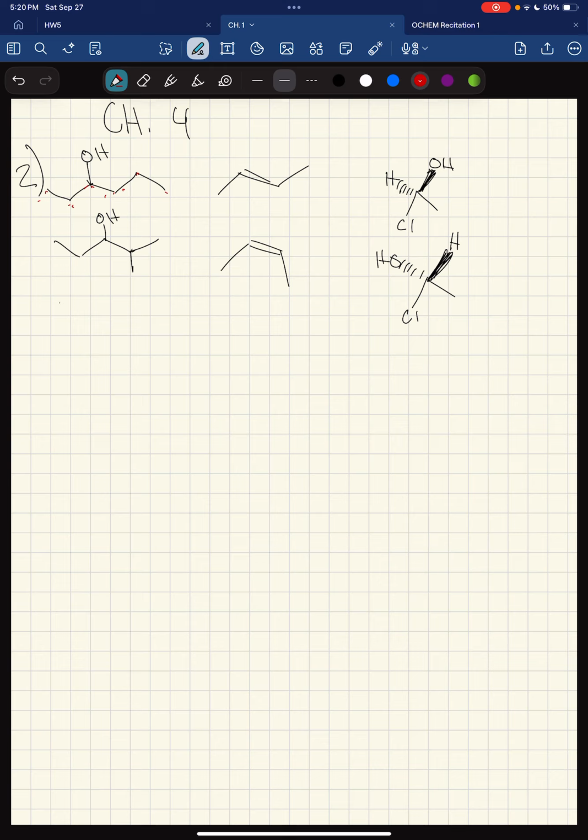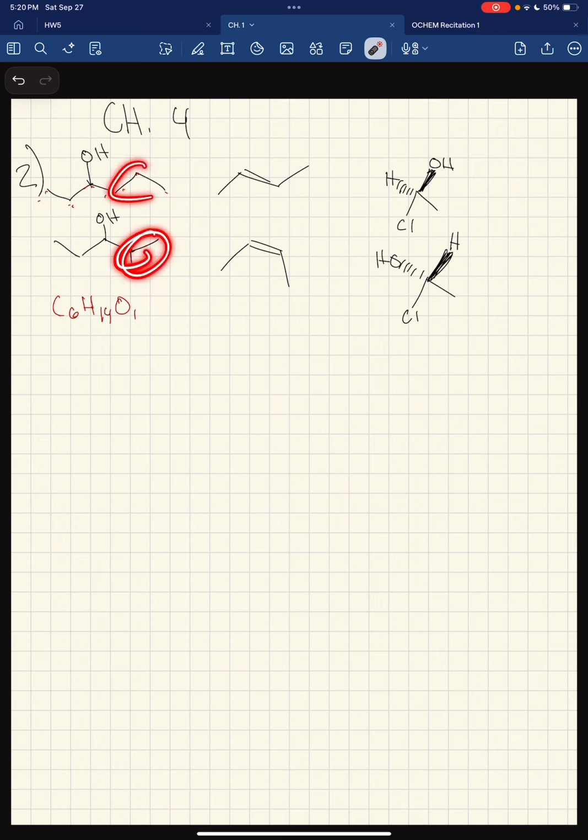So that's C6H14, I think it's H14. So it's going to have the same molecular formula right there, but as you can see, there's a different connection right here. These are different, so those are constitutional isomers.